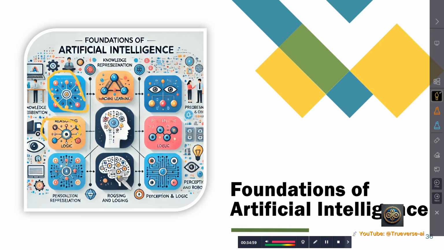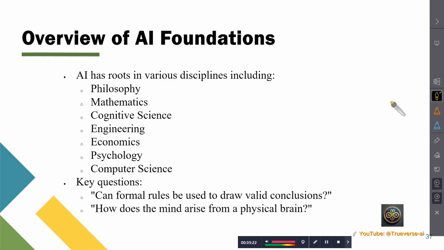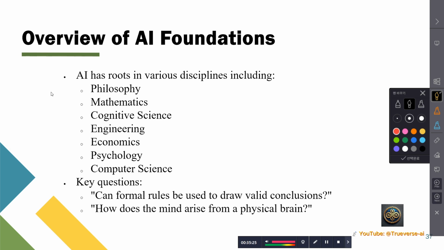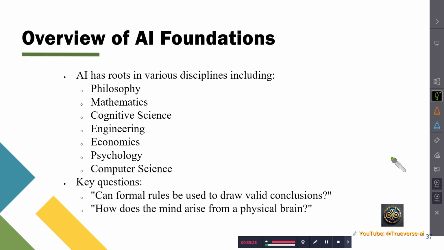So from different aspects, we are going to check the foundation, the important parts of AI: philosophy, mathematics, cognitive science, engineering. If you check a textbook, you will see many discussions about the AI foundation, psychology, computer science.